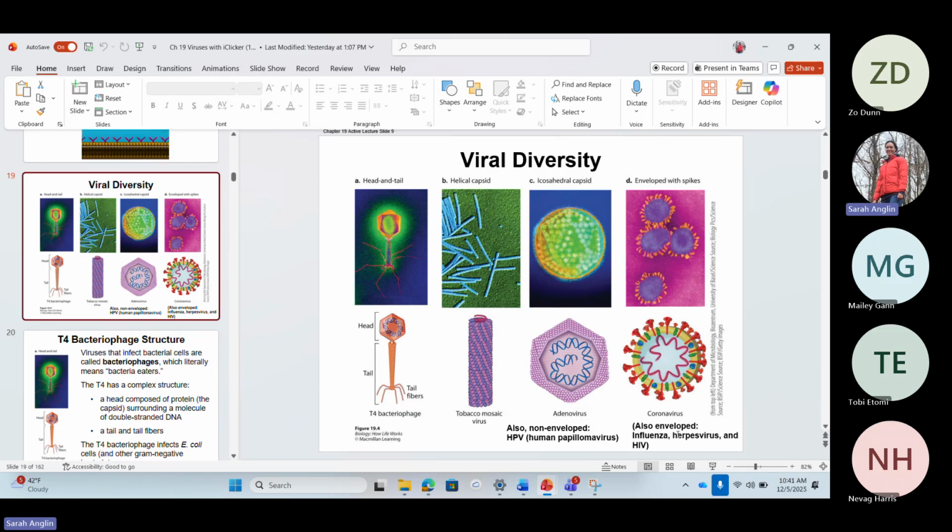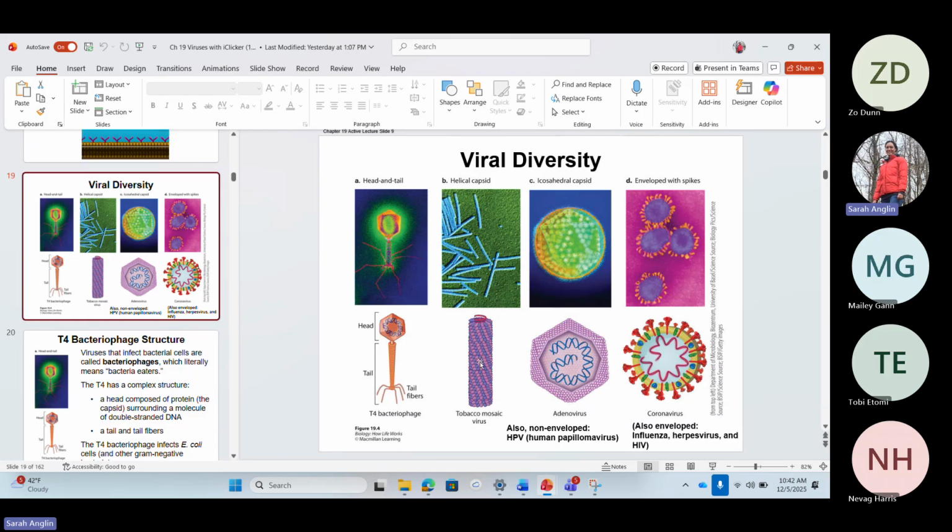But influenza, herpes, and HIV, they also are an enveloped virus. So I put a little note down there so you can understand that. This example here is of a non-enveloped virus, and I give a little example. HPV falls in that category as a non-enveloped virus.